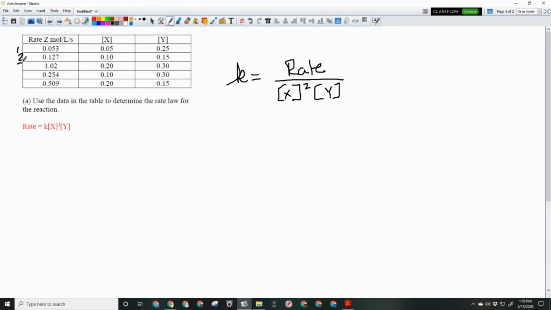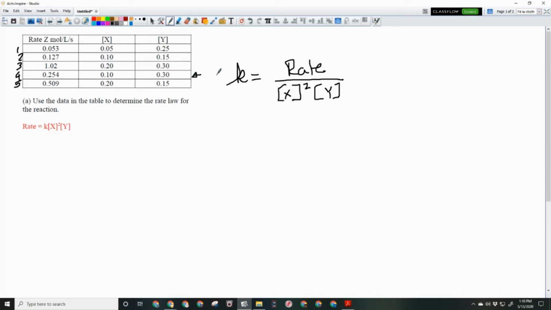You can choose any trial to substitute into this equation, the rate on top and the concentrations on the bottom.